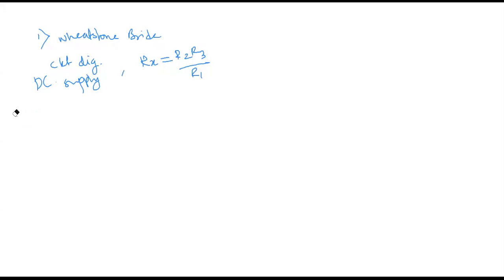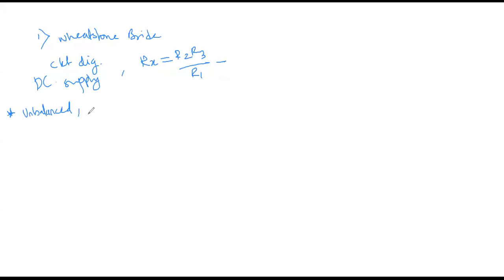We studied two conditions for the bridge: when the bridge is balanced and when the bridge is unbalanced. This is the equation when the bridge is balanced. Then when the bridge is unbalanced.